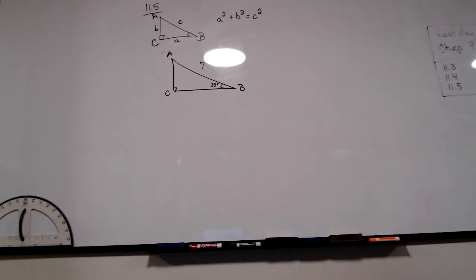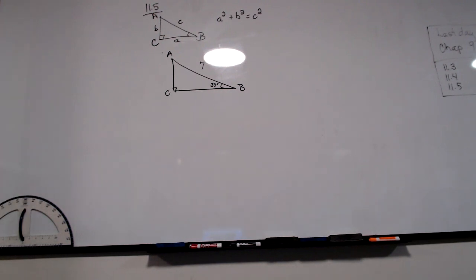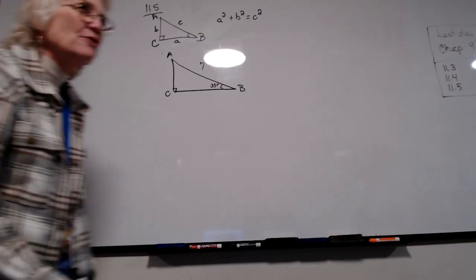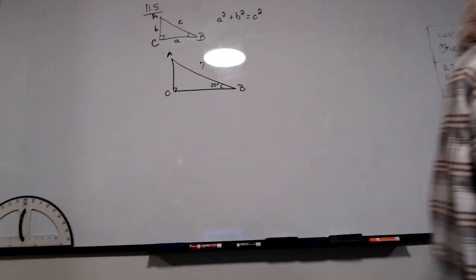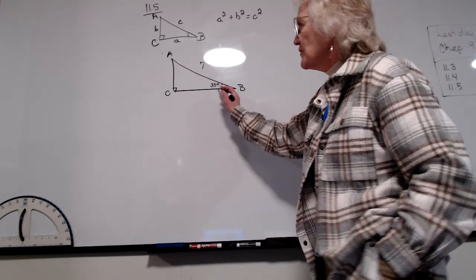Based on this, we can find all the other measurements of this triangle. First thing we can do is figure out the other angle. If I'm given one angle, figure out the other angle. What is the other angle going to be here? 90 degrees. Well, no, we have that. We have the 90 degrees, we have the 35 degrees.